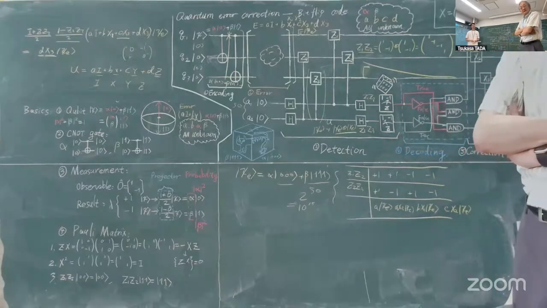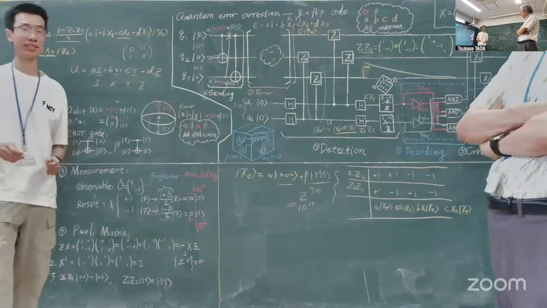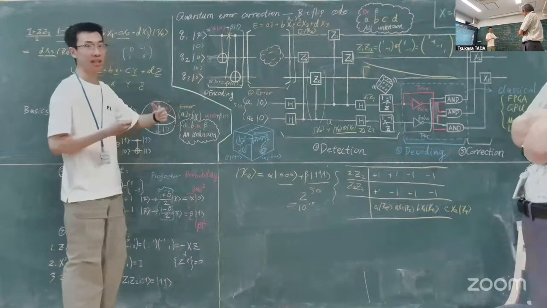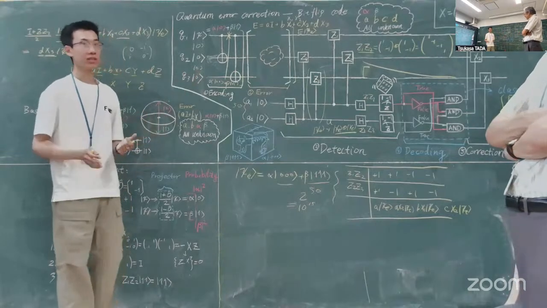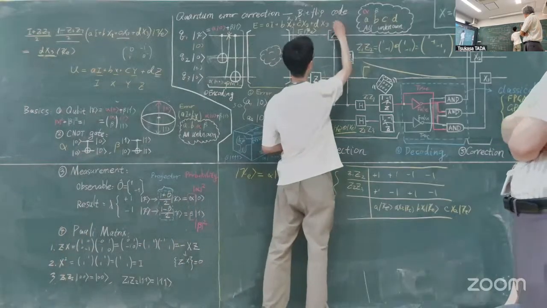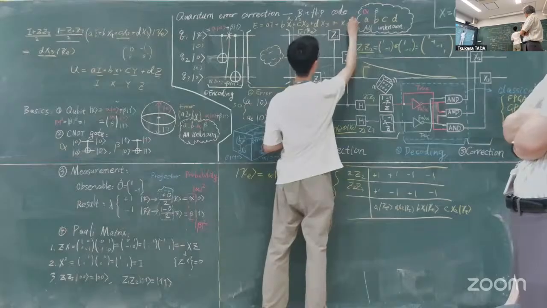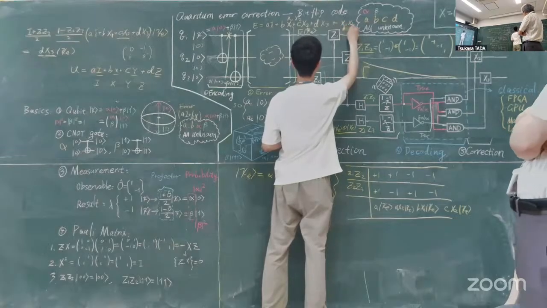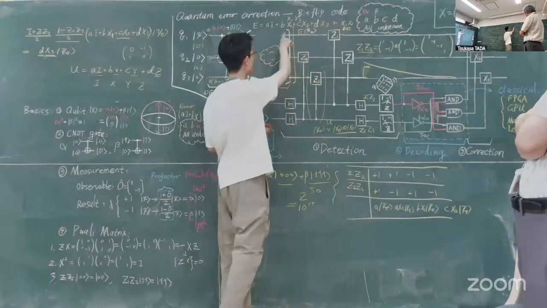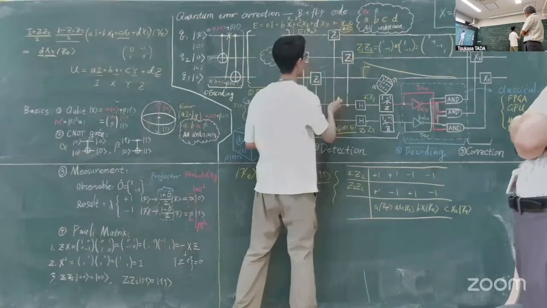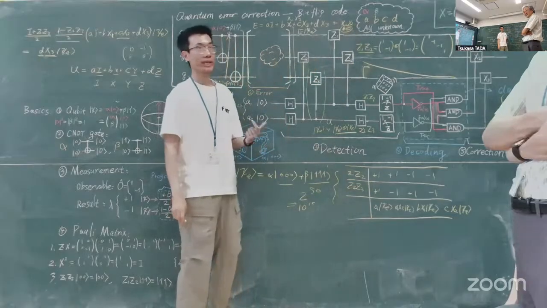Time scale. I think this may be related to the previous question, of how large the error remains. Even if we correct this error, there are still some higher order errors that happen, like x2, but with some smaller amplitude. For example, the B tensor C, the B, C, D, we assume they are small, but there are still some higher order errors that we cannot correct.